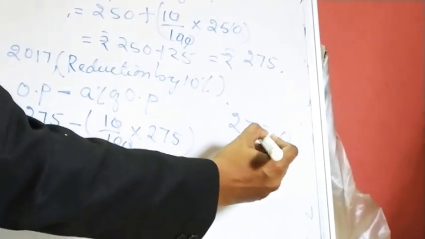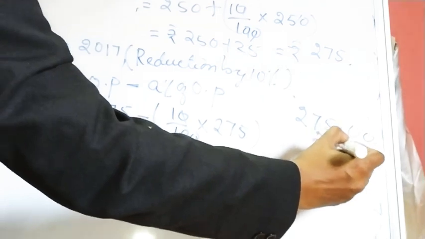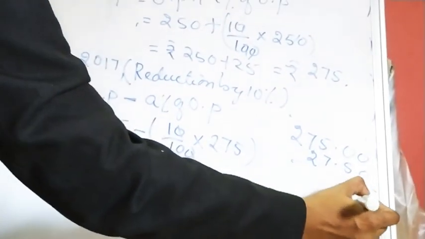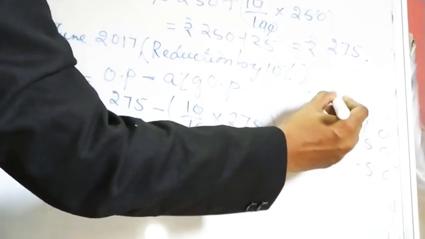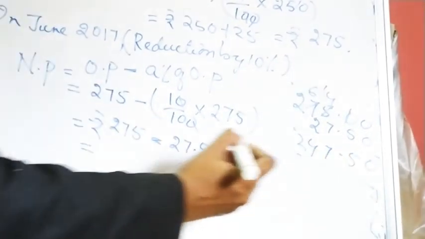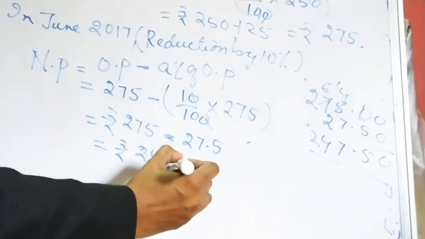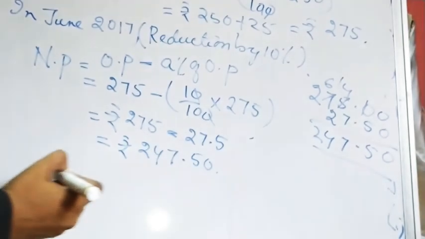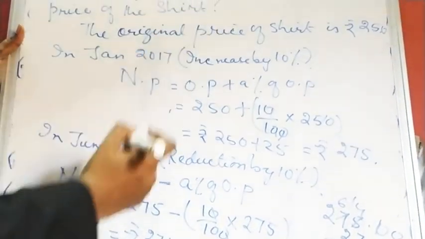So when we are subtracting, how much do we get? 275.00 minus 27.50, and we do the subtraction here. We get 5, then 6, 1, then 7, 4 and 2. Therefore, the new price of the shirt would be rupees 247.50 paisa. So the question says, what is the new price of the shirt?